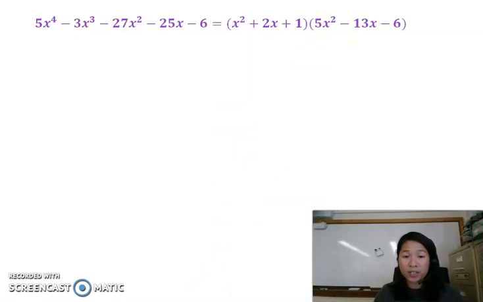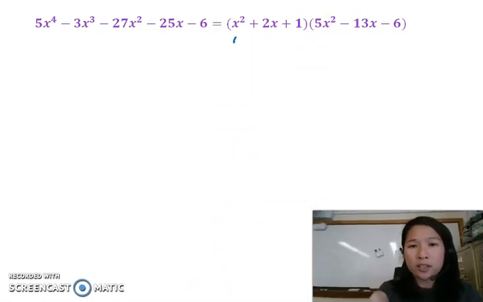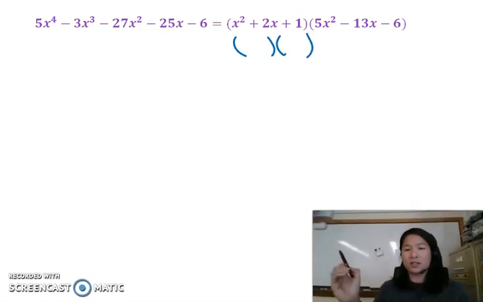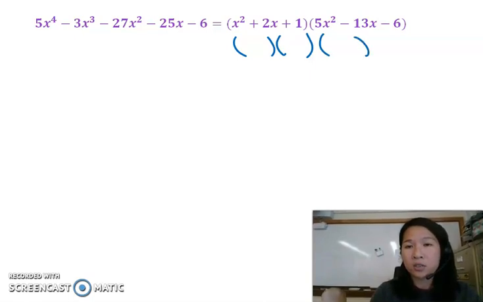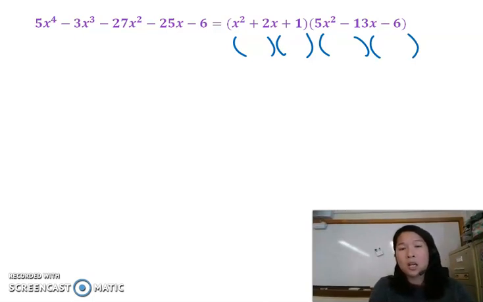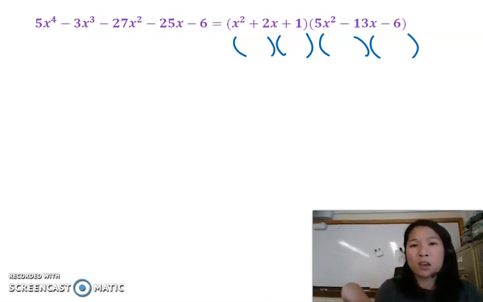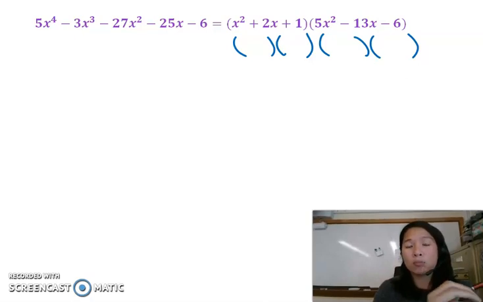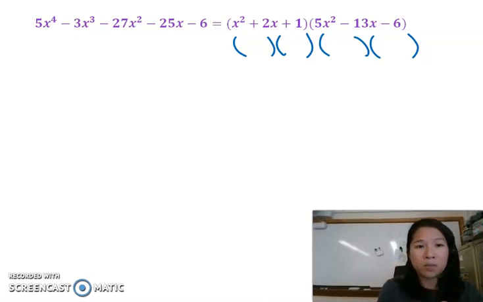So now what we're going to do is factoring, to rewrite each of these quadratic or second degree factors into first degree factors or linear factors. So to do this, we're going to go ahead and factor x squared plus 2x plus 1 first.